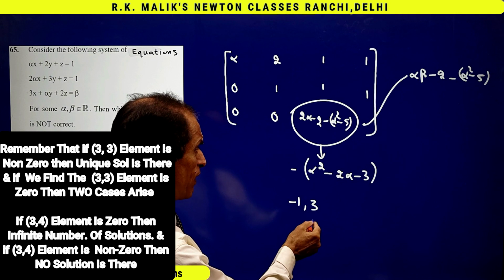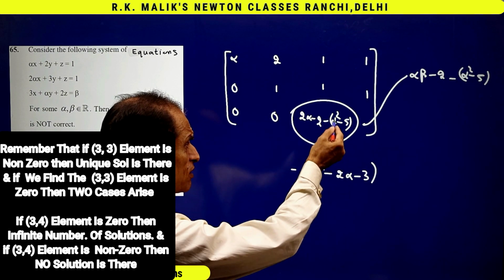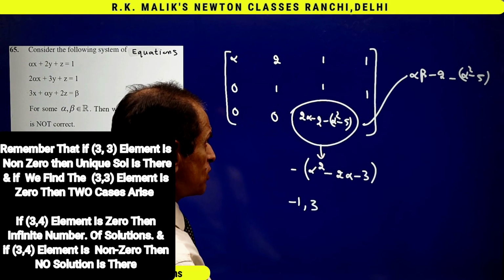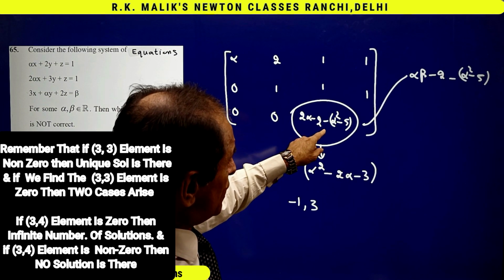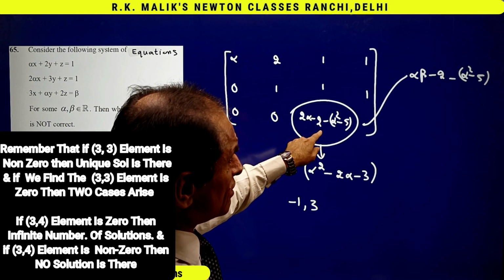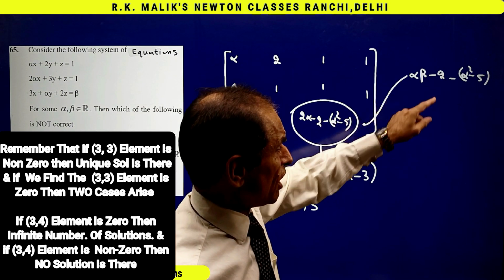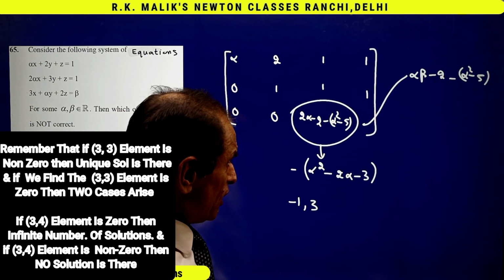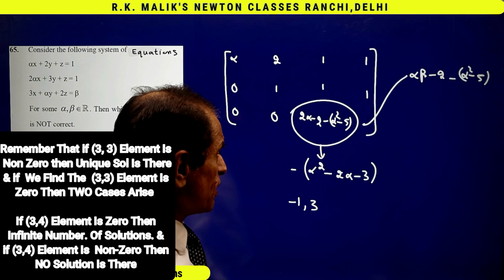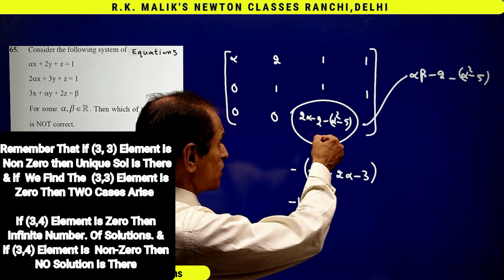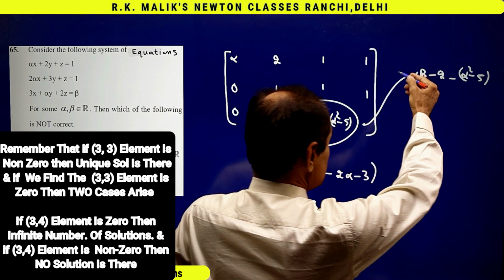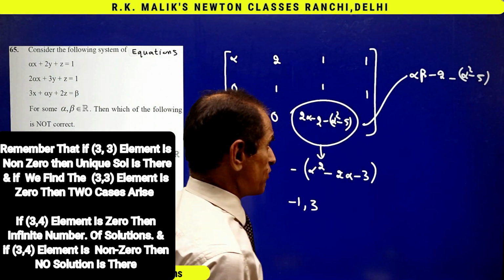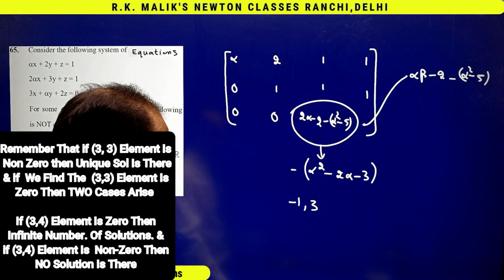If alpha is minus 1 or 3, then this will become 0. And after it has become 0, if this also becomes 0, then the equation will have an infinite number of solutions. And if this has become 0 but this is non-zero, then the equations will have no solution.